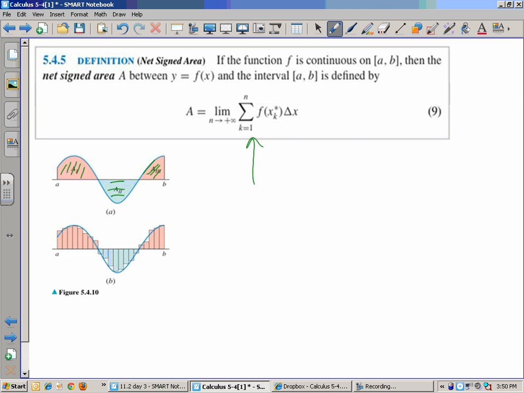If you added up all these red rectangles and all these blue rectangles and then these red rectangles, your net would be the red rectangles minus the blue. Your net means your after-tax amount, whatever you have left at the end, not your gross. Your gross is what you get before taxes.